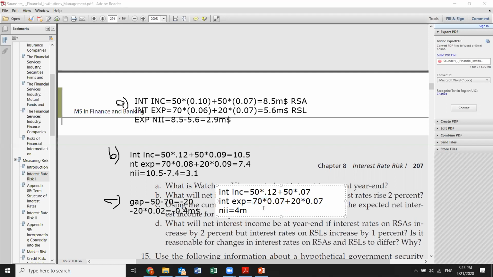So our net interest income, if you calculate, here 9.5, and here we should have, just a second, 70, it's 4.9 plus 6.3 million. And our net interest income is 9.5 million minus 6.3 million.